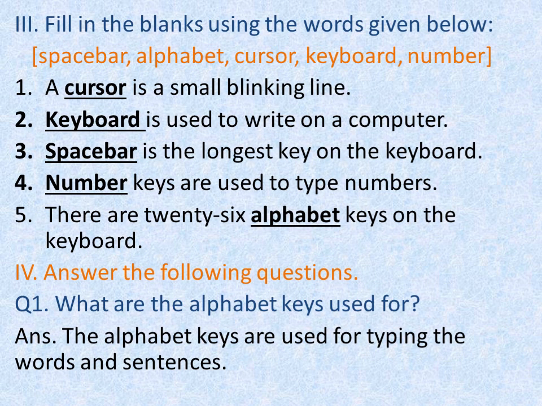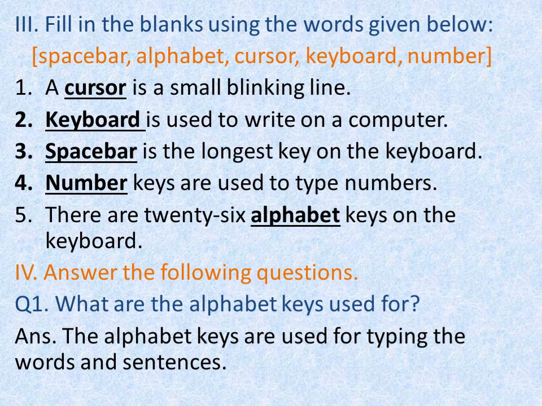Children, the third question is fill in the blanks using the words given below. The first is dash is a small blinking line. So you can find the answer from the hints and write it down. So the answer is cursor. Second is dash is used to write on a computer. Keyboard.